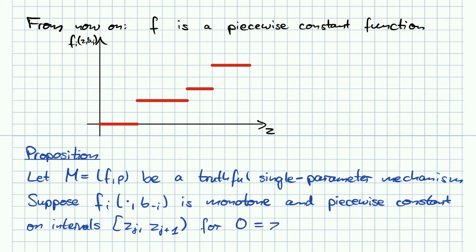So the first interval starts at 0, then the next starts at z1, and so on.